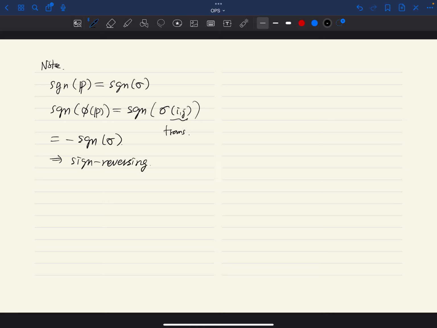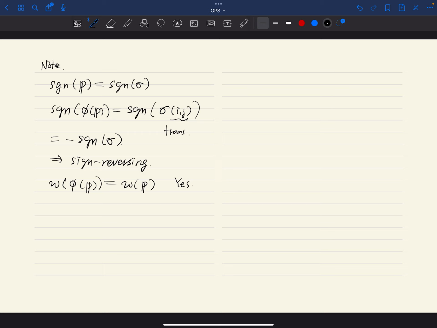But is it weight preserving? Is this equal to this? And yes, of course, because what is the weight of a path? The product of the weights of their edges. We have a bunch of paths and a bunch of edges. We change the paths, but we never change the set of edges. Once there is an edge here, that edge is still there.